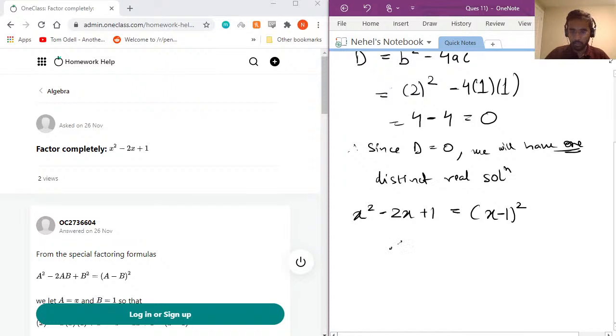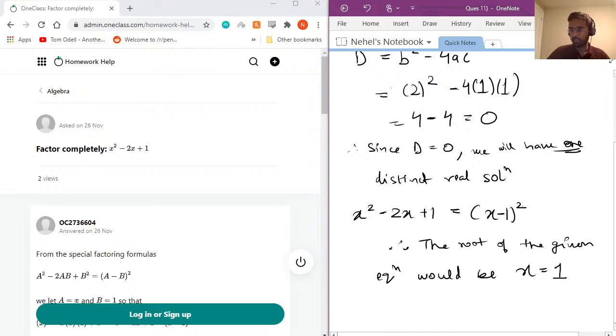Therefore, if we were asked for the roots, the root of the given equation would be x equals 1.